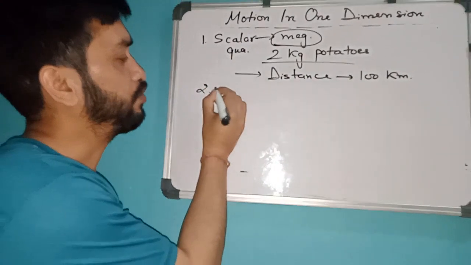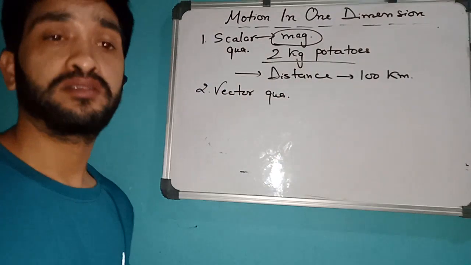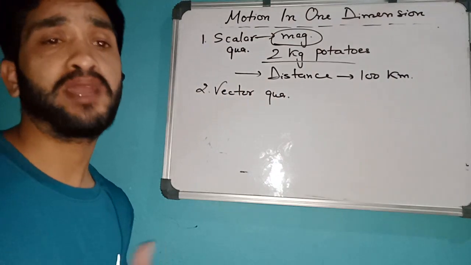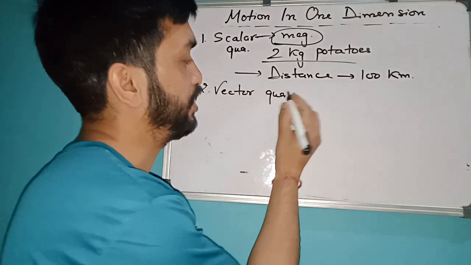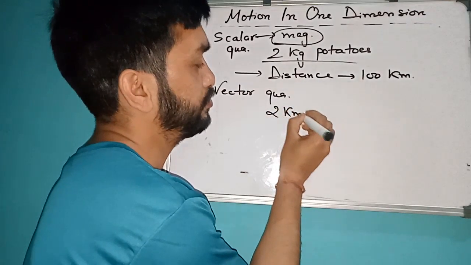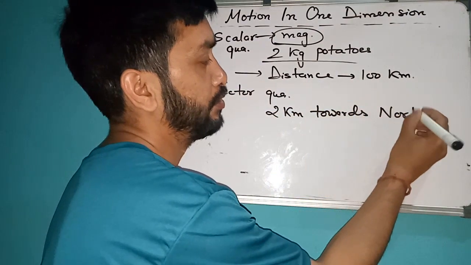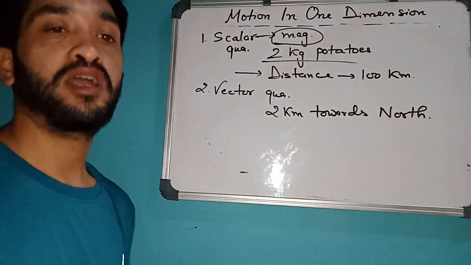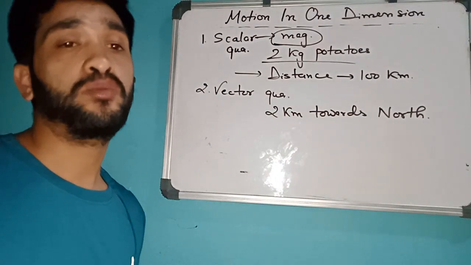Second comes your vector quantity. Now vector quantity, just like scalar quantity, also possesses magnitude, but it also has a direction. For example, if I say 2 kilometers towards north. Suppose I am at a current place and I'm telling you to move 2 kilometers towards north.